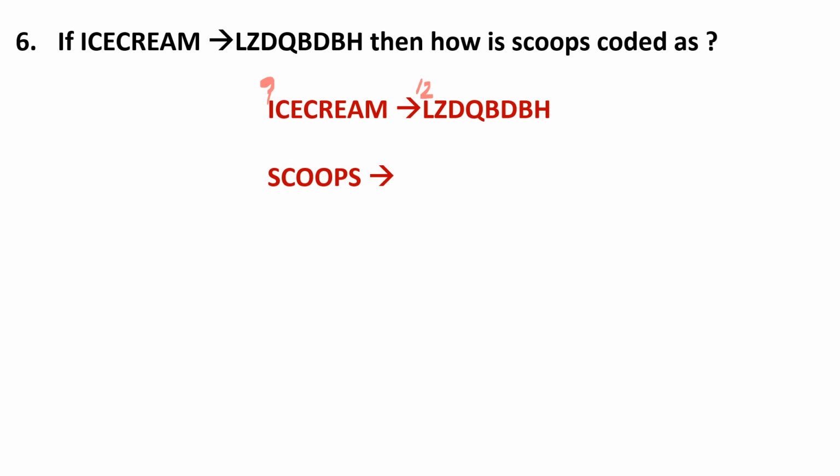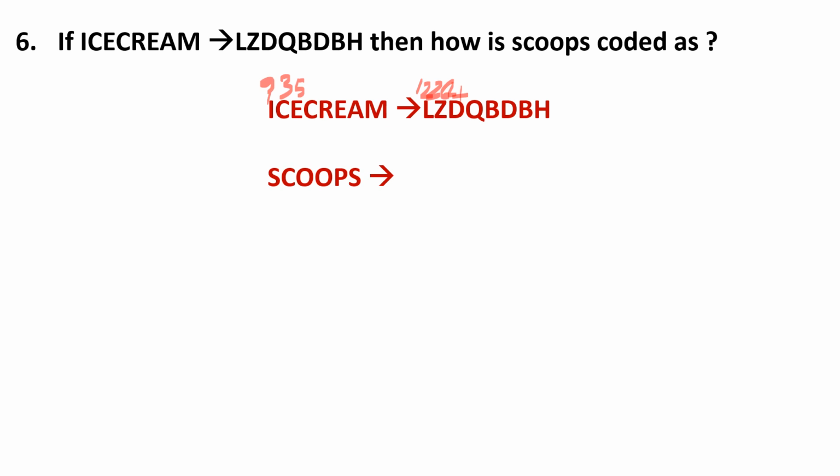C is 3, Z is 26. E is 5, D is 4. So if I start from the beginning, 9 to 12, that is 9 plus 3 is 12.